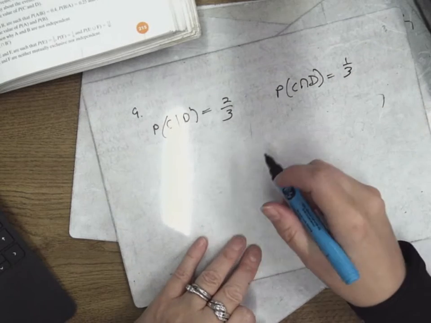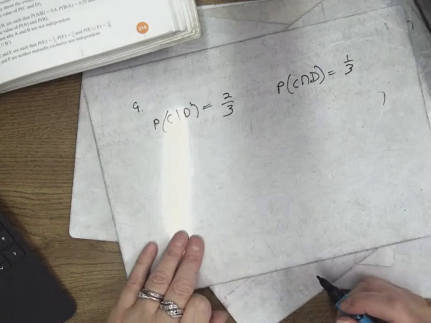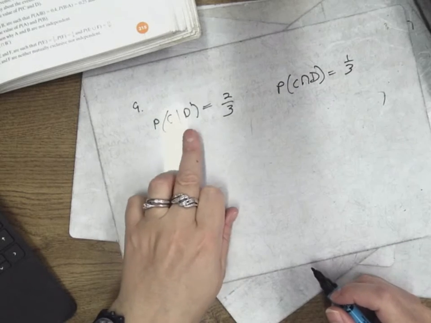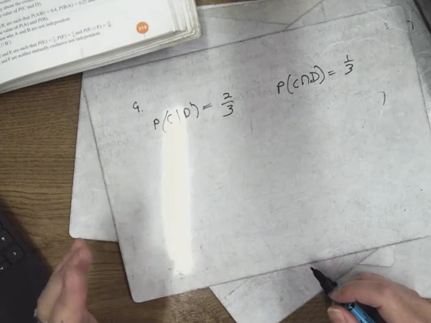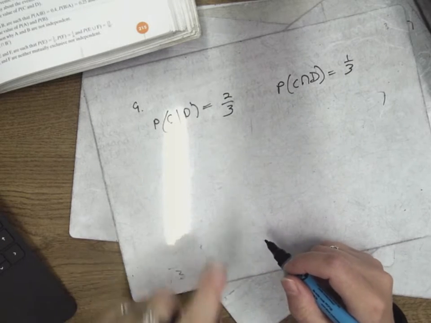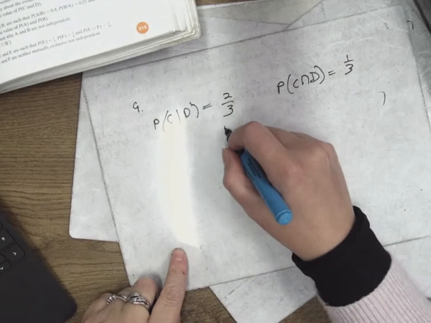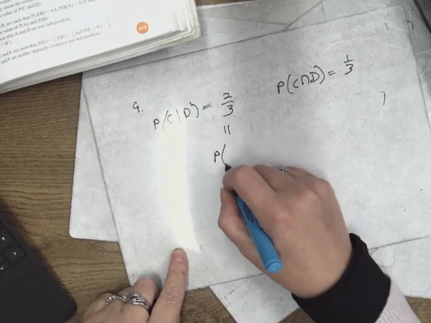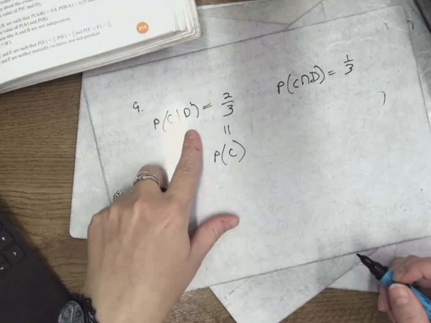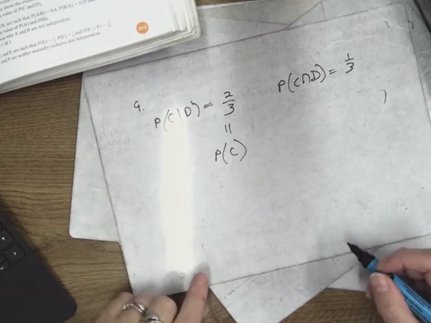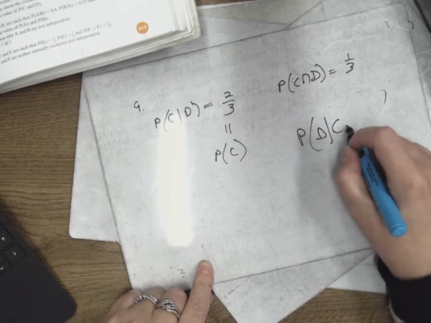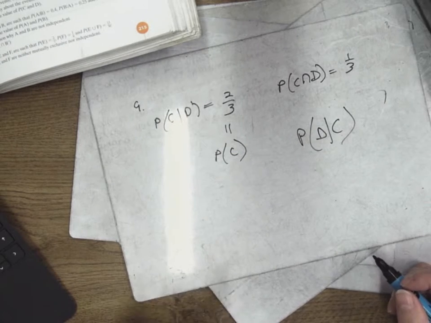And they tell me they're independent. If they're independent, the probability of C on condition of D is not going to affect C. So the probability of C given D is actually equal to the probability of C. That's true for independent events. If I said probability of D on condition of C, what would that be equal to? Probability of D.